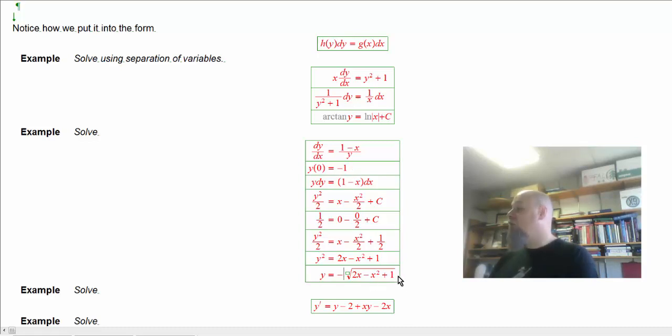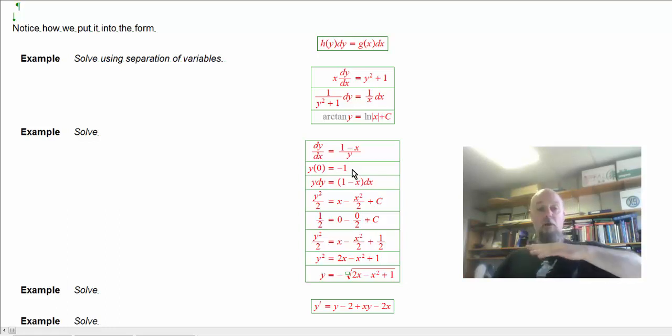Now why can't it be both? Well, let's think about it. If y starts out at negative when x is equal to 0, and they tell me that's the case, when x is equal to 0, y is equal to minus 1. If it starts out as negative and it somehow becomes positive, then it must be 0 somewhere in between where it's negative and where it's positive.